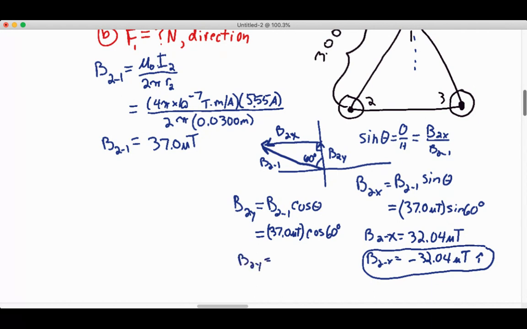So B2y is going to end up being 18.50 microtesla. And if we look at that, that is going up. That's going in the positive y direction. So what that really means is B2y is 18.50 microtesla j hat.